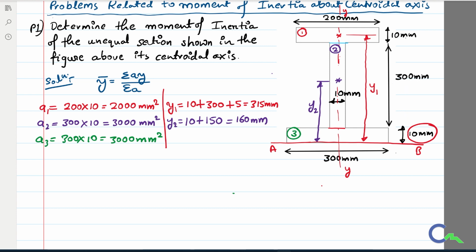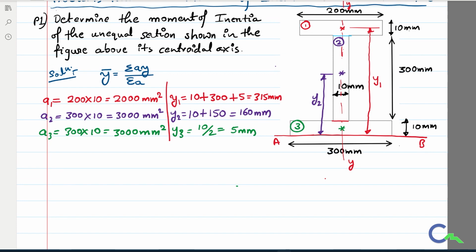The third thing, I want the distance to the centroid of the third component. Directly I can say that y3 is nothing but 10 divided by 2, so that is 5 mm. Once I get the values of A and y, now easily I can calculate the centroid, that is y bar.